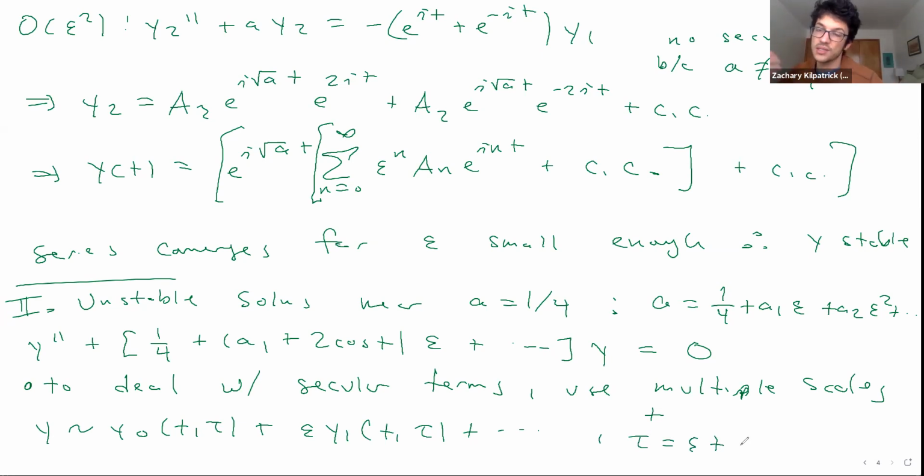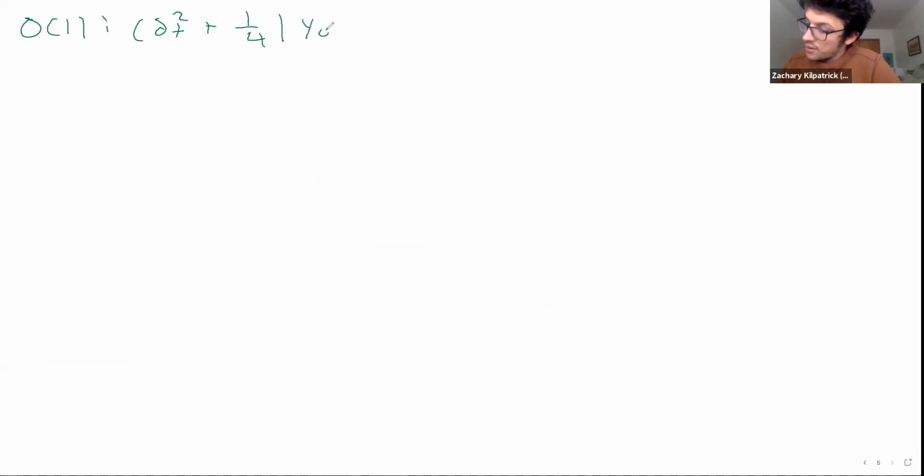This is going to allow us to see how these amplitudes are going to evolve once t gets large enough. Just like previous problems that we've done of this type, now at order 1, d_t squared plus a fourth of y0 is equal to 0. And just like several of the problems that you worked on in the homework.